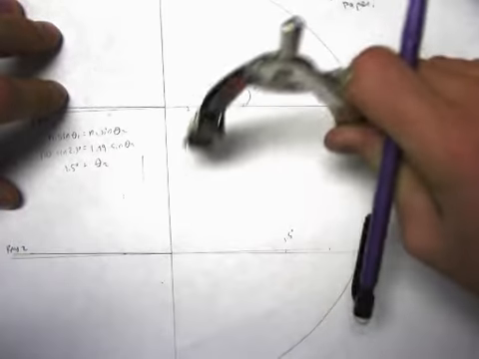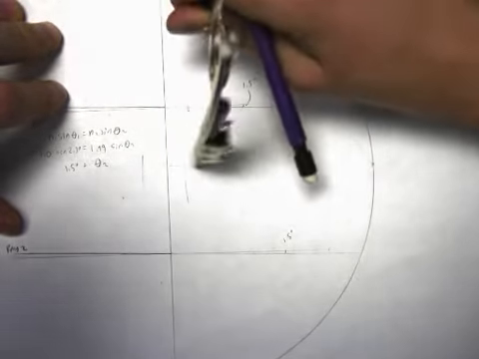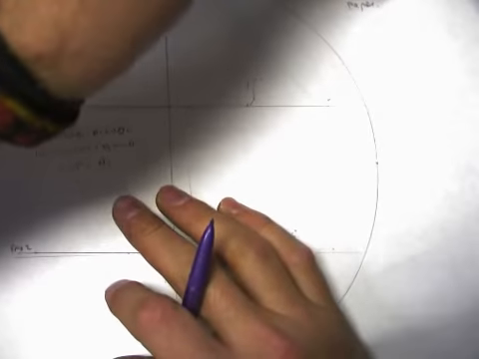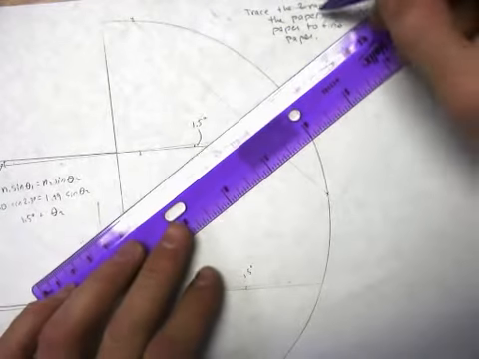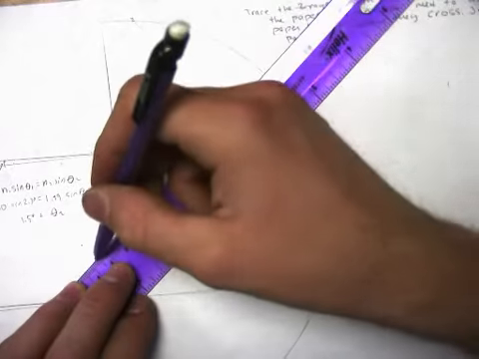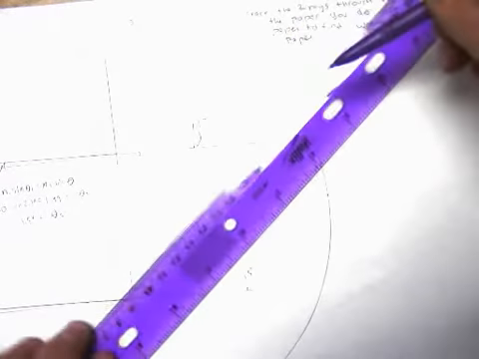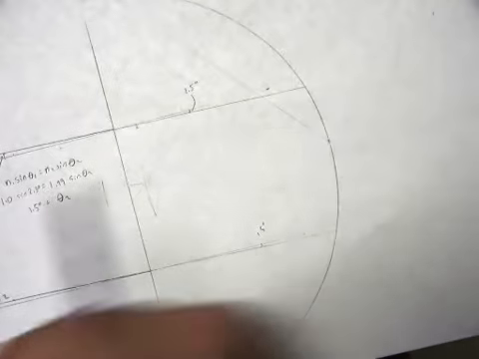Make an arc, pointy end up this side, make my arc. So these two cross right here, right there. Now I'll do the same thing.